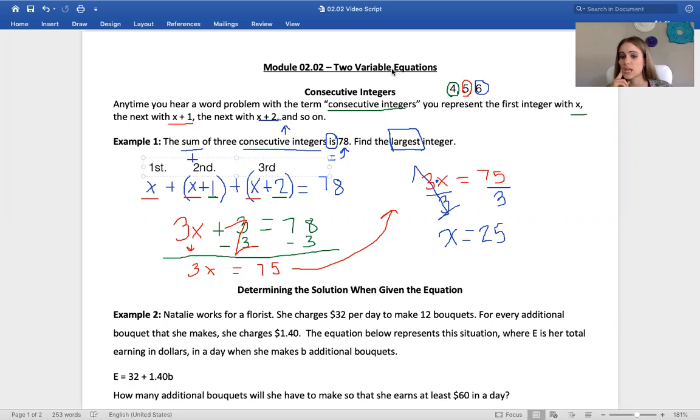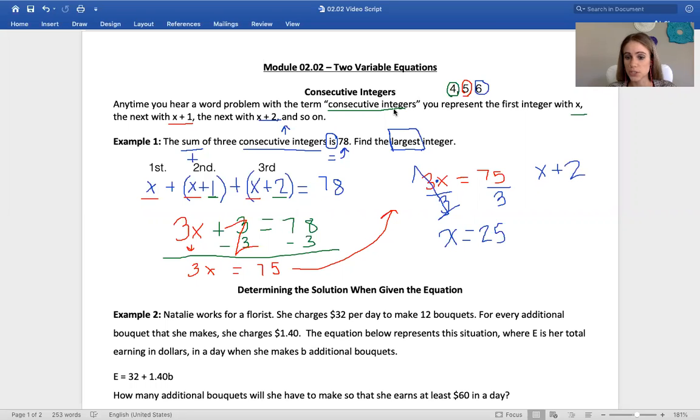What do you guys think we need to do to find the largest integer, our third integer? Now we need to add 2. So x plus 2 represents our third integer, our largest integer.